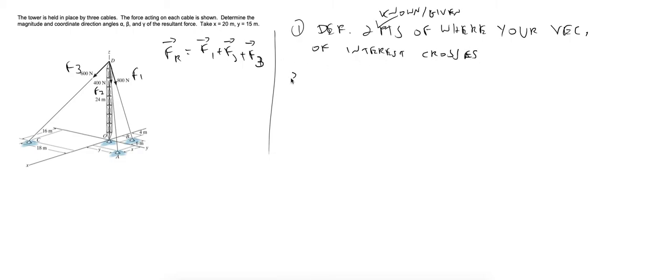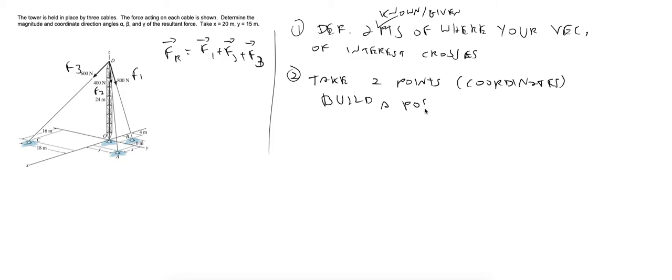Then you take those two points and their respective coordinates, and you build a position vector.